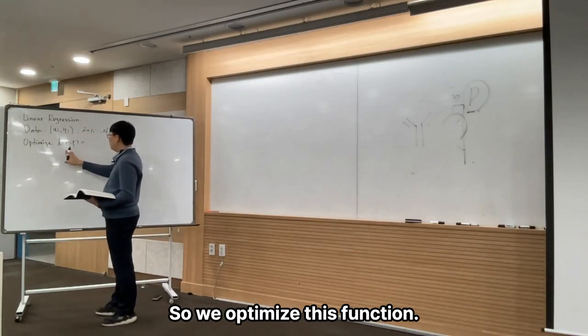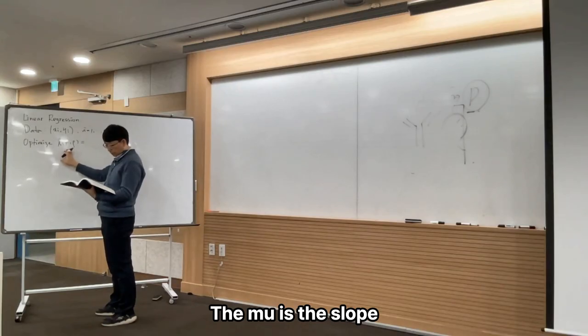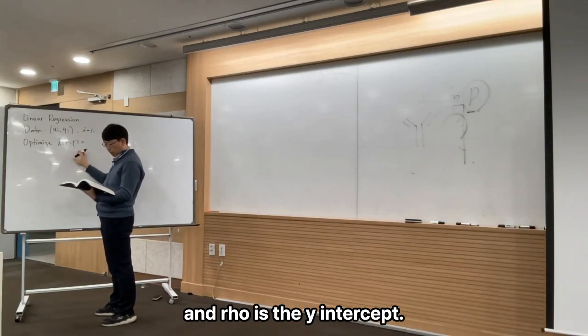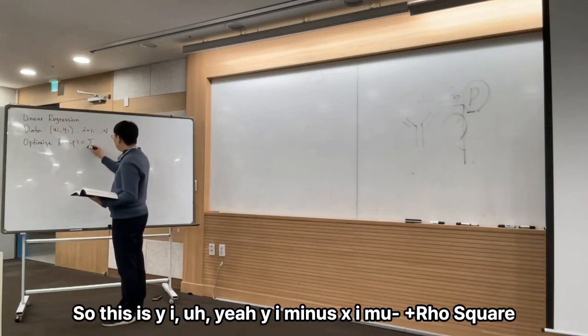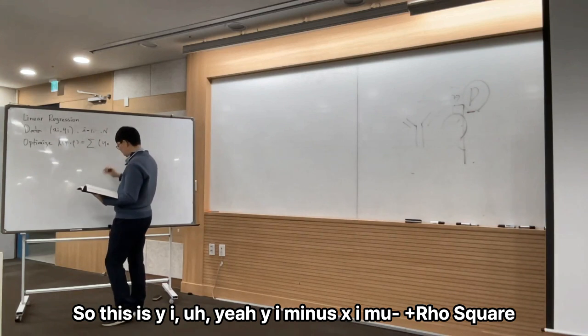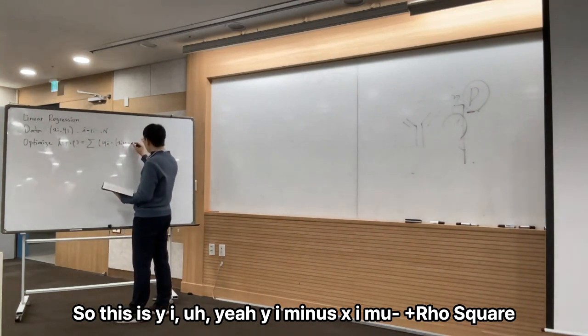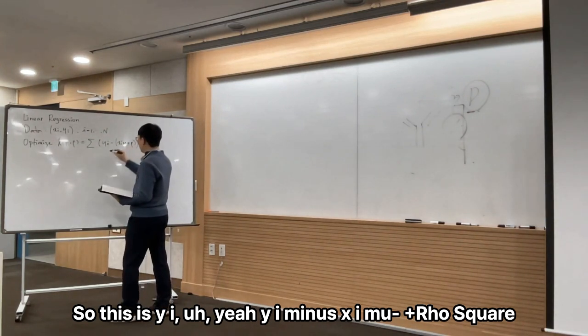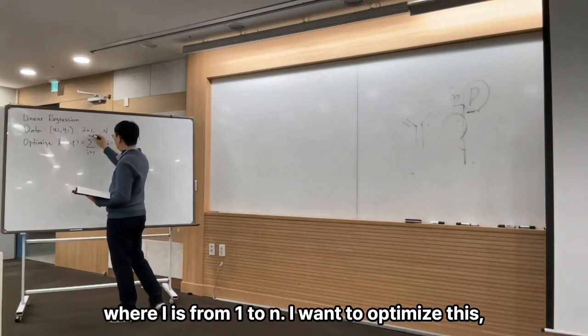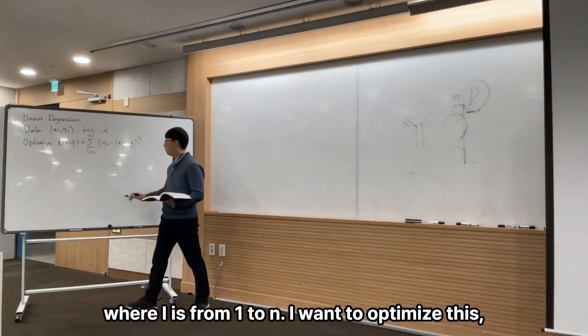We optimize this function, where mu is the slope and rho is the y-intercept. So this is the sum of yi minus (xi mu plus rho) squared, where i is from 1 to n. I want to optimize this.